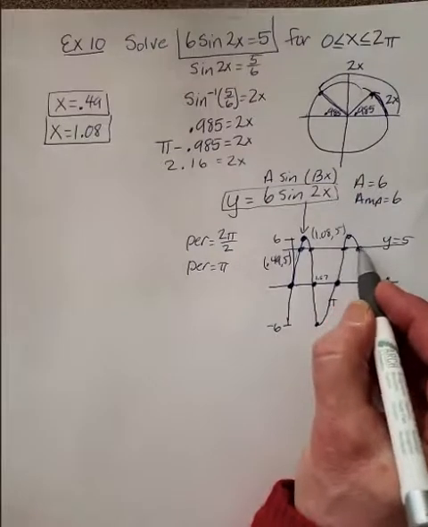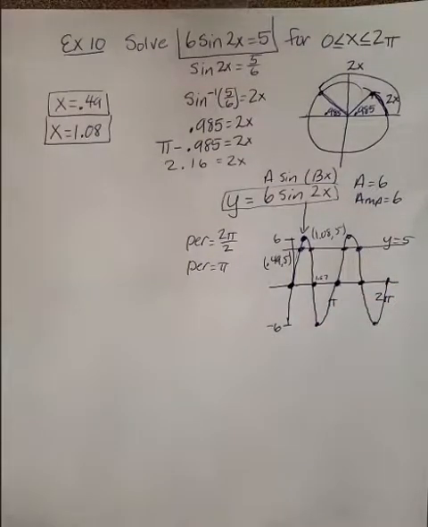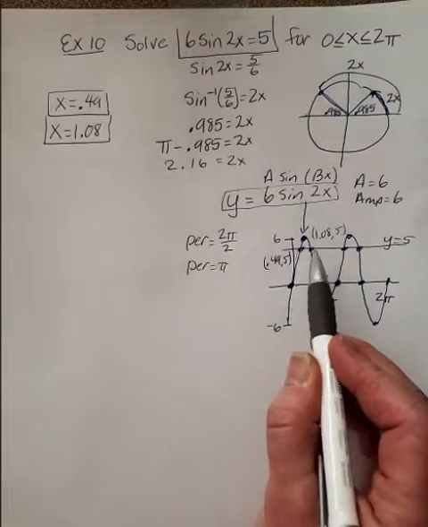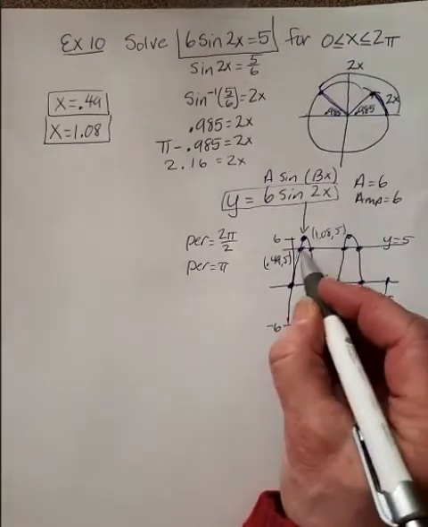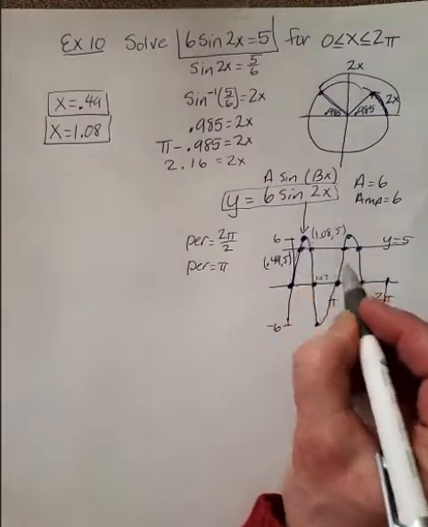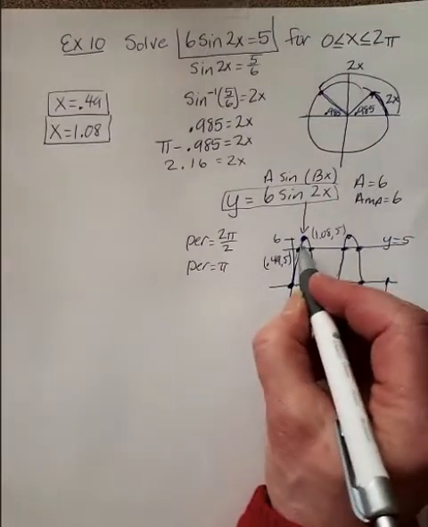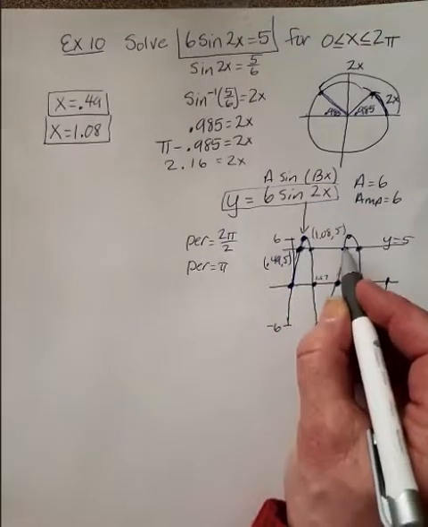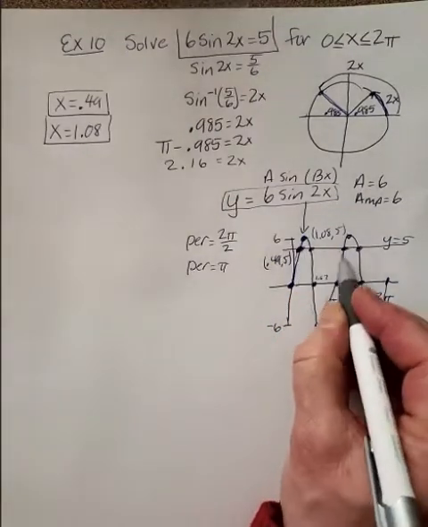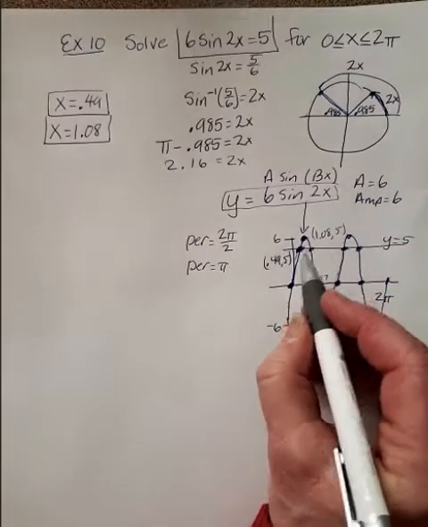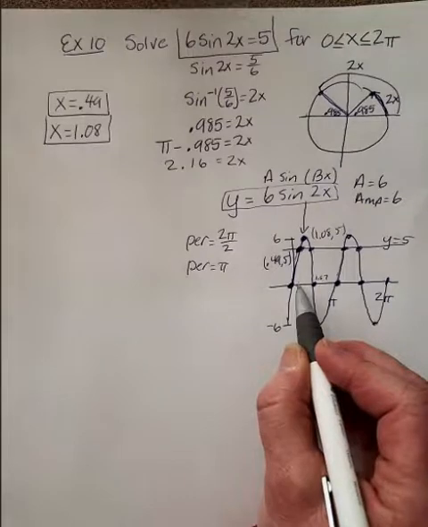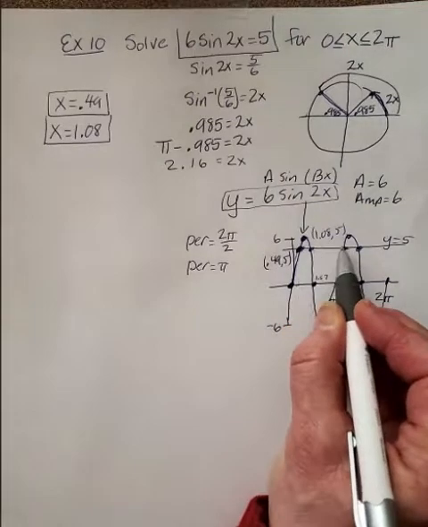To find these two solutions, I simply add one full cycle, one period, to these two solutions. The period is pi. From here to here, I call these the way up solutions, the solutions on the way up, right here. The distance between this on the x-axis and this on the x-axis is pi units, because one full cycle happens in pi. So to get this solution, I take the x-coordinate here, 0.49, and just add pi to it.